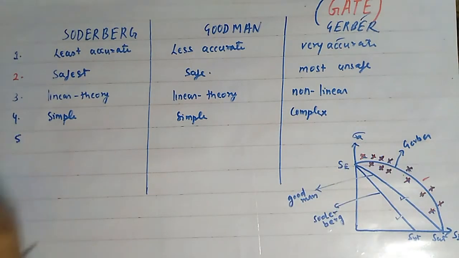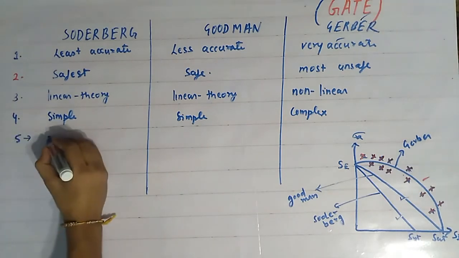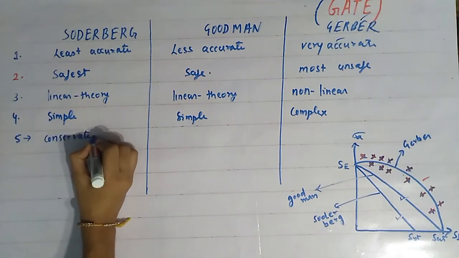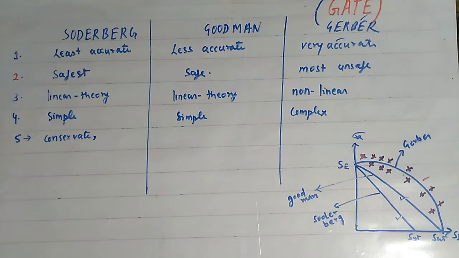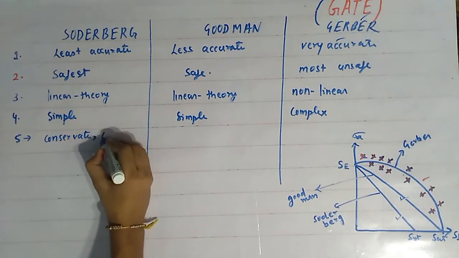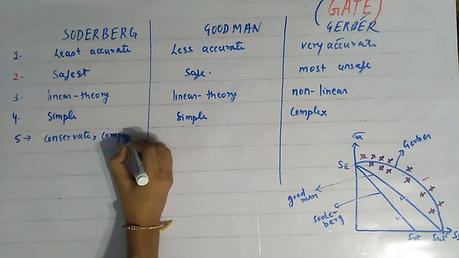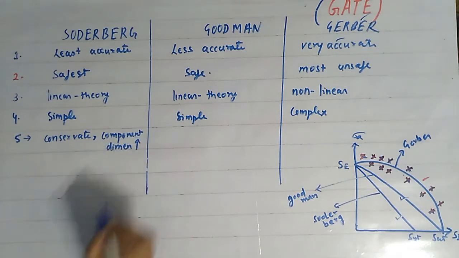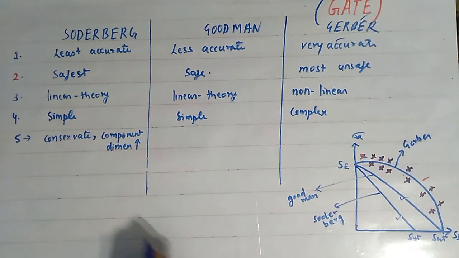Now we will take the next step, that is the drawback of the Soderbergh criteria. The main drawback of the Soderbergh criteria is that it is very conservative in nature. So we go for a more safe design. That's why the component dimension will be largest in case of the Soderbergh criteria.